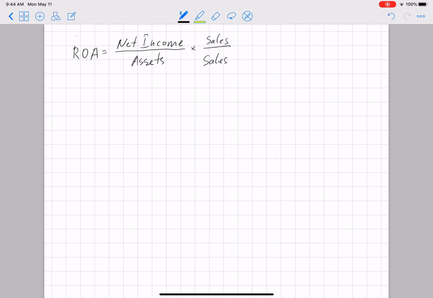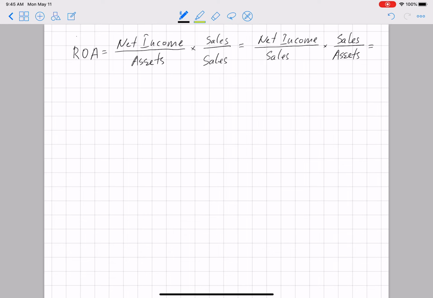So what does it give me? It allows me to regroup those numerators and denominators in a very interesting way. Now I'm going to write it down as net income divided by sales, times sales divided by assets.